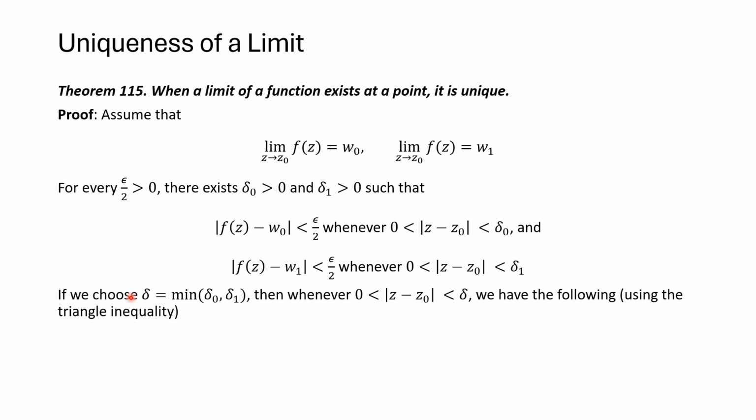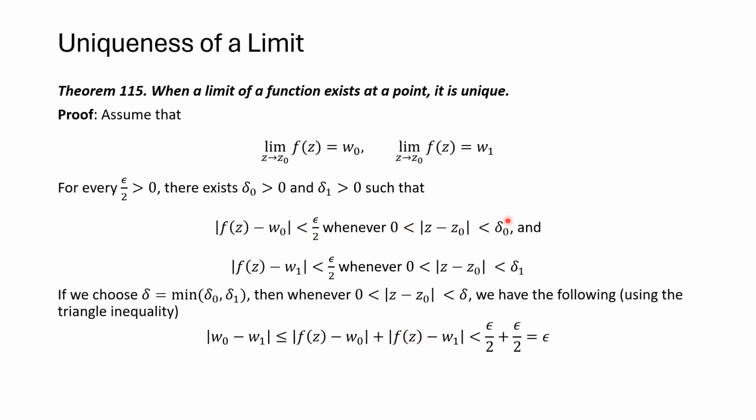So we choose delta to be the minimum of these two deltas here. In other words, both of these conditions hold true. And then if these both hold true, what we have is that the modulus of w sub 0 minus w sub 1 is less than or equal to, I've just added in the f of z and subtracted the f of z, so I left out one step here, but this would be less than or equal to, using the triangle inequality, the modulus of f of z minus w sub 0 plus the modulus of f of z minus w sub 1.